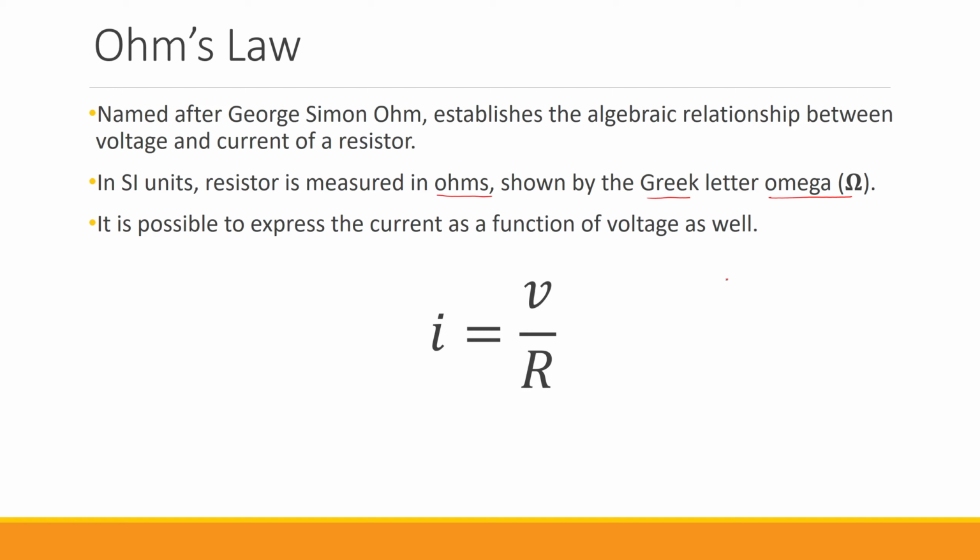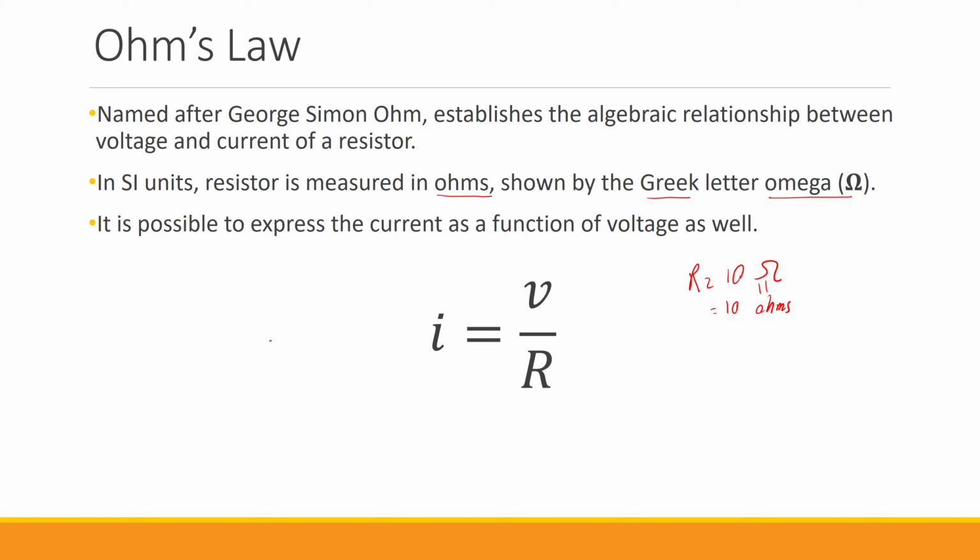So anywhere that you see, let's say, R equals 10 omega, that means this resistor is 10 ohms. These two are basically equal.